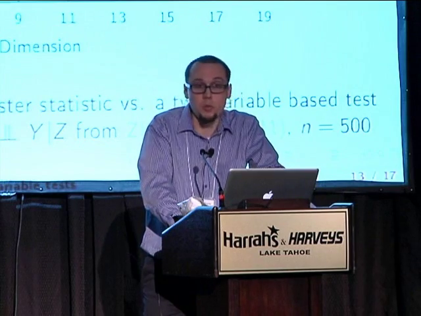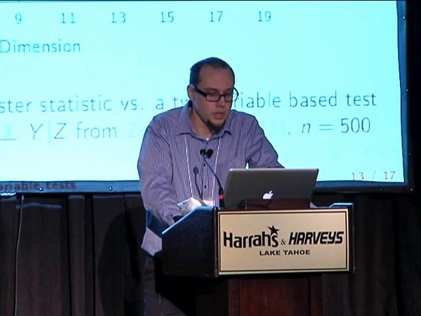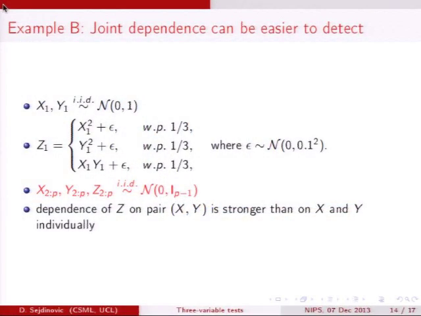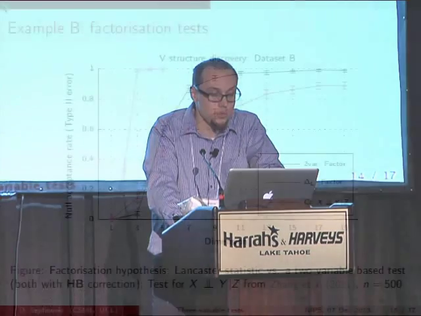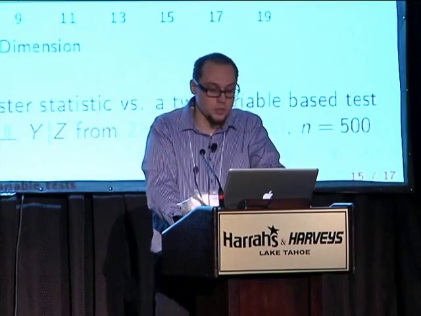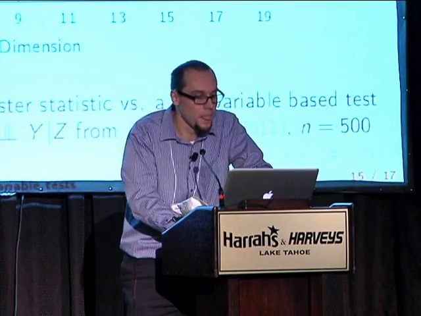So that was the example where we had pairwise independence but joint dependence. We can also consider an example that looks something like this. So here we have that z depends on x and depends on y as well, but the joint dependence on the pair is stronger than on x and y individually. Okay, so we look also at the comparison between the conditional independence test, standard 2-variable tests, and the test based on Lancaster interaction in this case as well.